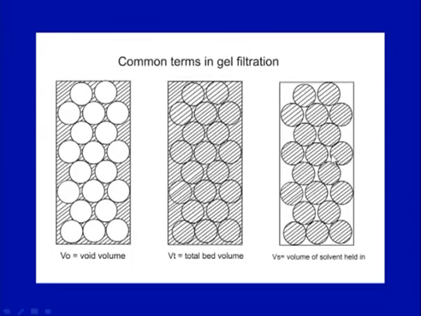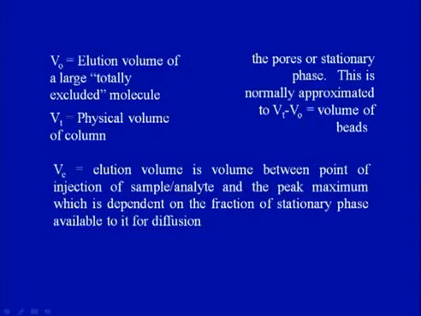And then you have the volume which is inside the stationary phase, and that is called Vs, or volume of the solvent held in the beads. That is how the void volume, the total bed volume, and the volume occupied by solvent inside the support beads are described.